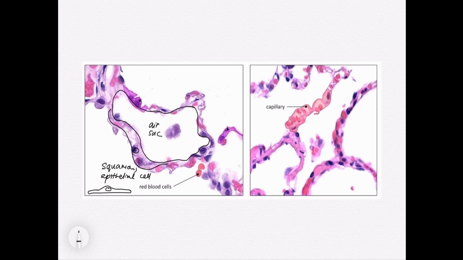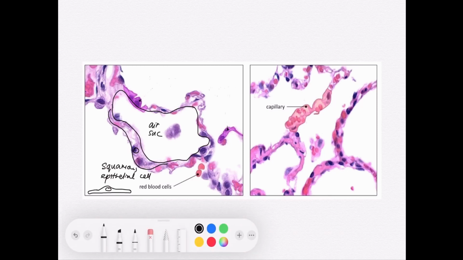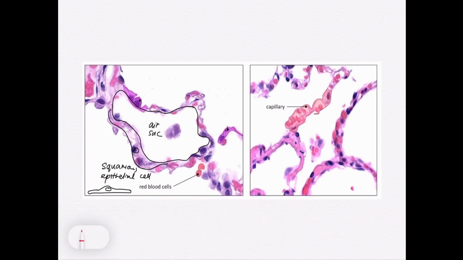And if you see any cells with a large nucleus like this, it's most likely the macrophage that is patrolling around the alveolar wall, trying to engulf and digest any pathogen.